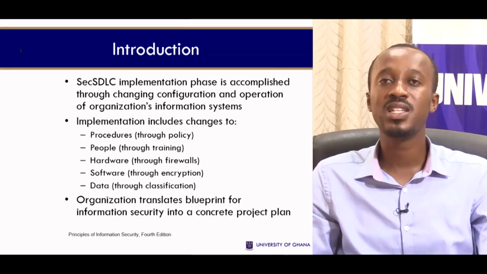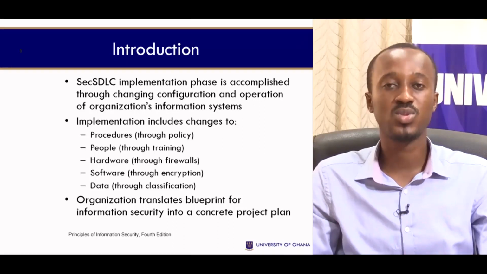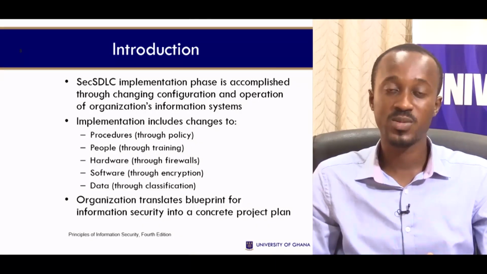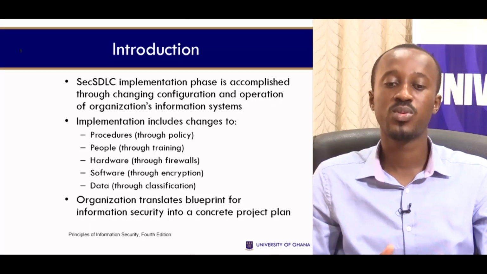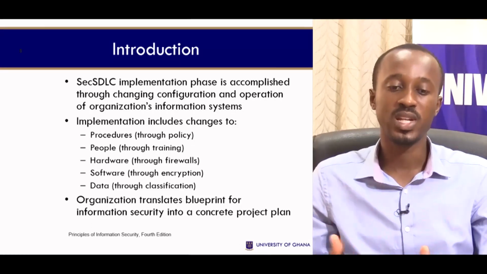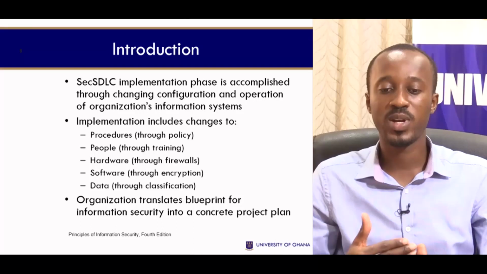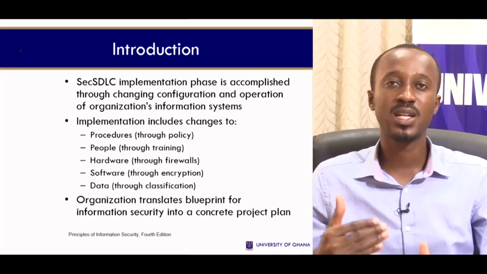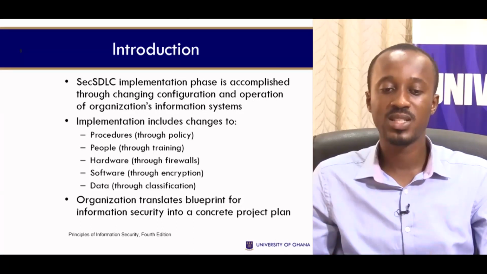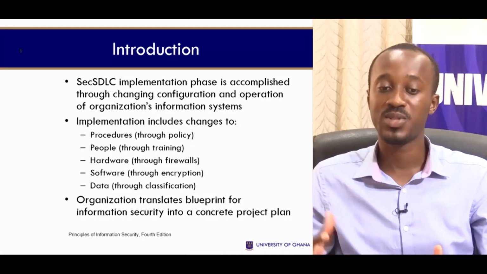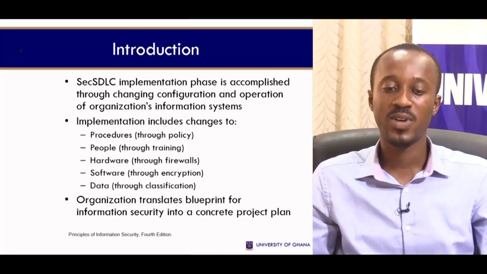The implementation includes making changes to, 1, procedures, which is usually through policy; 2, people, by way of training; then hardware, through firewalls; then software, through encryption; and finally, changes made to data through classification.